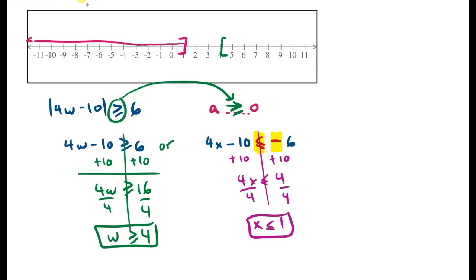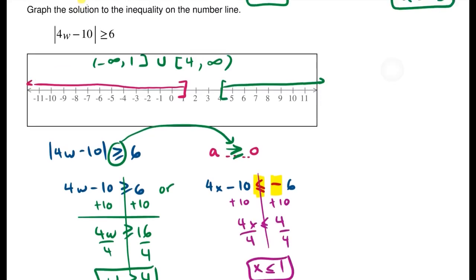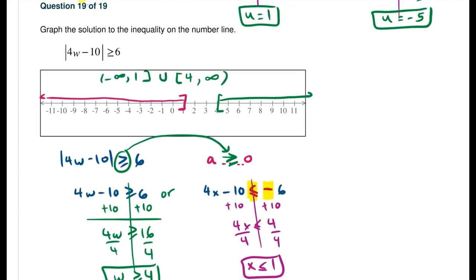Then at 4, you go to the right, and use the bracket. So the answer for this one is negative infinity to 1, bracket, union, because it's an "or" problem, from 4 to positive infinity.